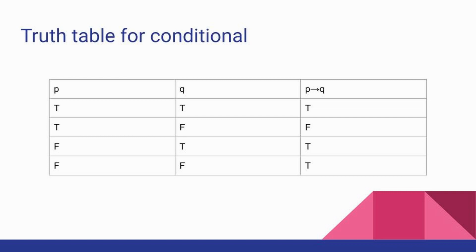Now coming to the truth table for conditional, only if P is true and Q is false, P implies Q is false. For all other conditions the truth value is true.